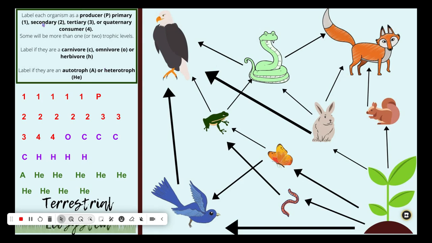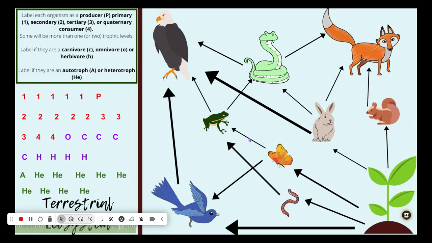The other thing over here, label each organism as a producer, primary, secondary, tertiary, or quaternary consumer. Remember, some will be more than one, right? Because they're obviously a part of multiple chains. So, meaning that they could be a secondary consumer in one food chain and a tertiary in another.